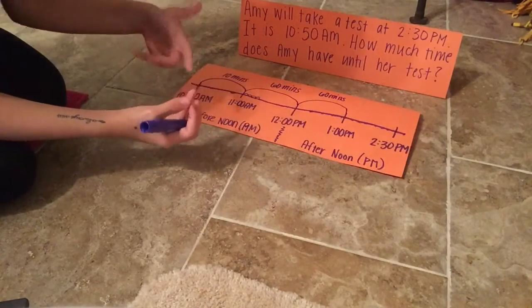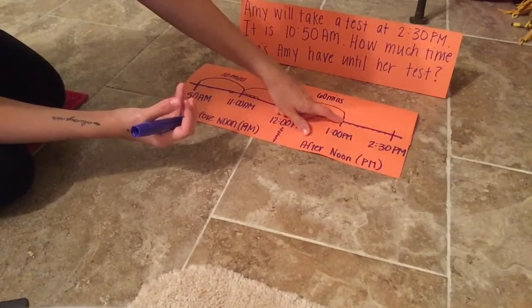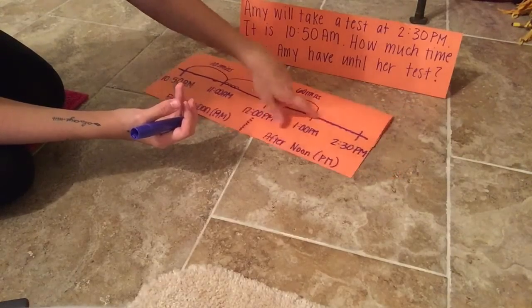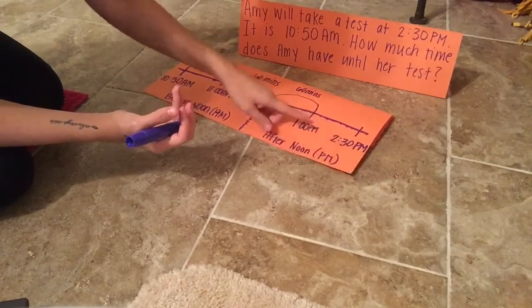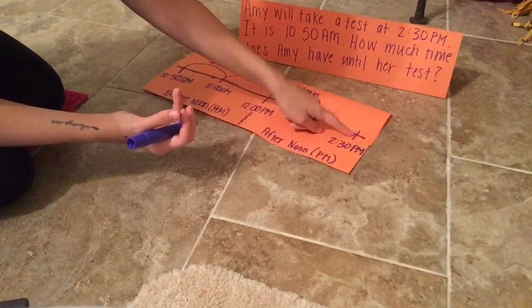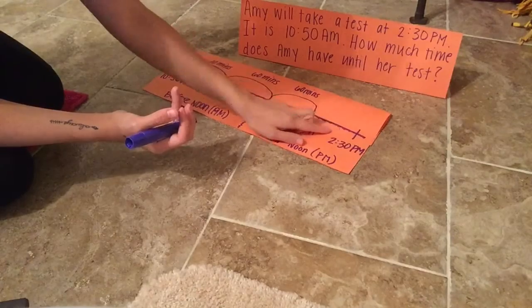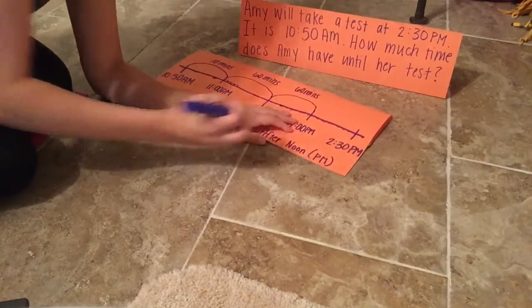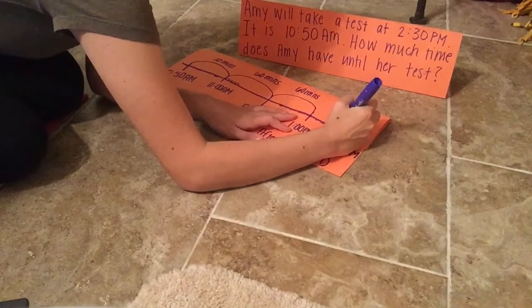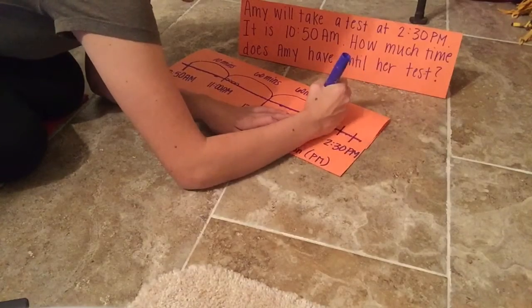So going back to the problem, we stopped right here at 1. We're almost there to 2:30. So from 1 to 2, I can make another 60-minute jump. So I'm going to do that, and it's going to fall right about right here.